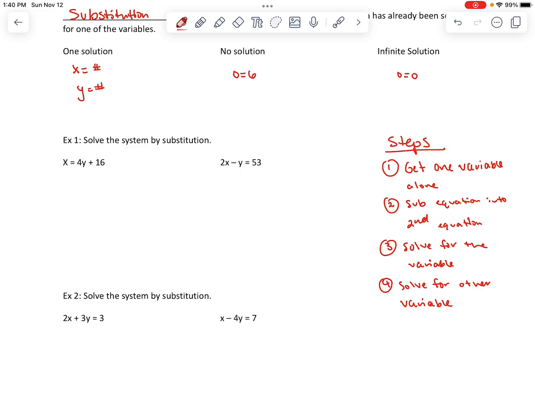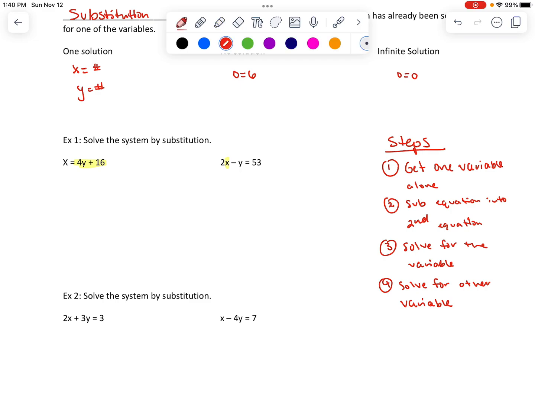Okay, so I know you're writing these steps down and you're like, okay, this doesn't make sense. You're right, it doesn't, because we haven't done an example. Once we go through the example, it'll make a little bit more sense. So first off with this one, our goal is to get the variable alone. We already have that. This x variable is alone. So I'm going to take this x and sub it into the second equation in place of that x.